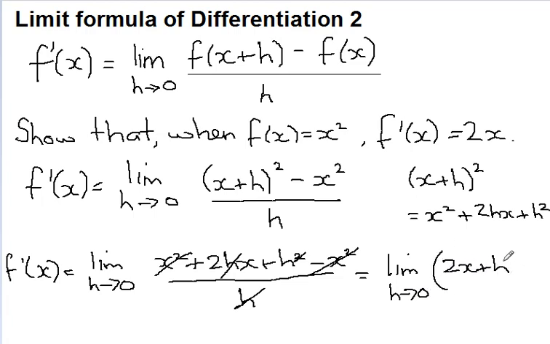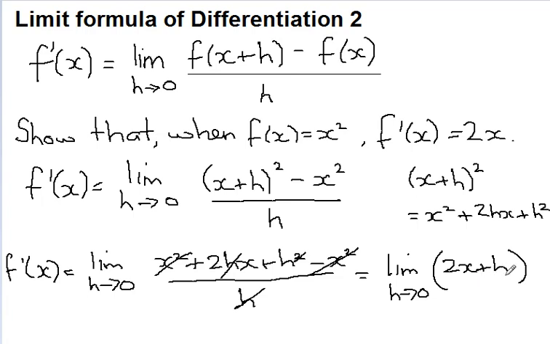And I'm just going to put brackets around that to show that. So at this point, now we can let h get closer and closer to 0, and we can imagine that it does actually equal 0. It never can, of course, because remember, if h equals 0, then that would be mathematically impossible because you can't divide by 0. But we can imagine that h is 0, or it gets really, really close to 0.